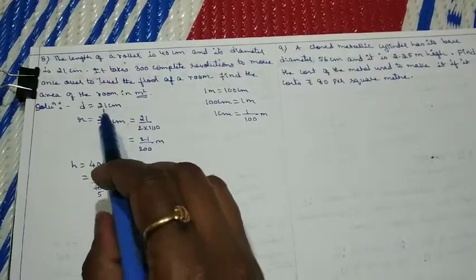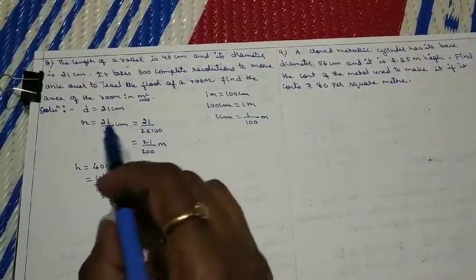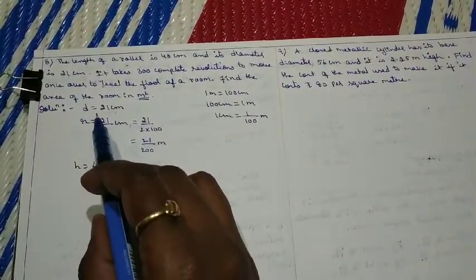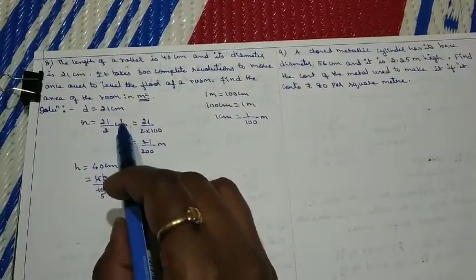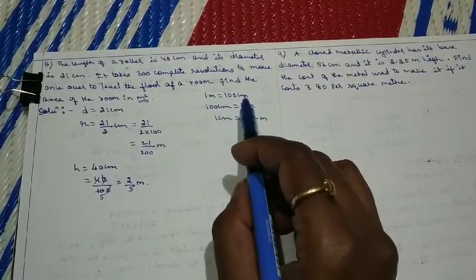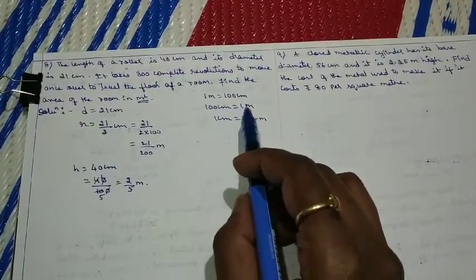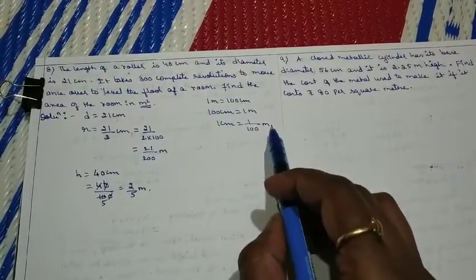Therefore diameter of roller equal to 21 centimeter and the radius, we know that radius is nothing but half of diameter, that is 21 by 2 centimeter, and we know that 1 meter equal to 100 centimeter. 100 centimeter is nothing but 1 meter, then 1 centimeter equal to 1 by 100 meter.